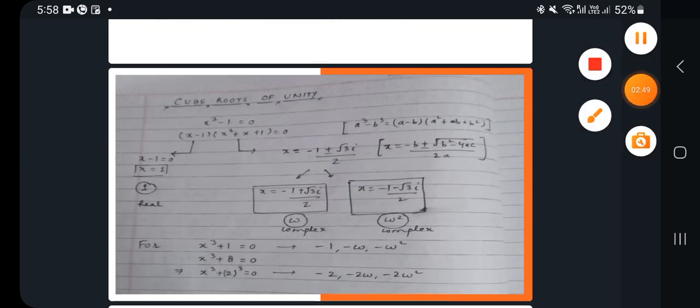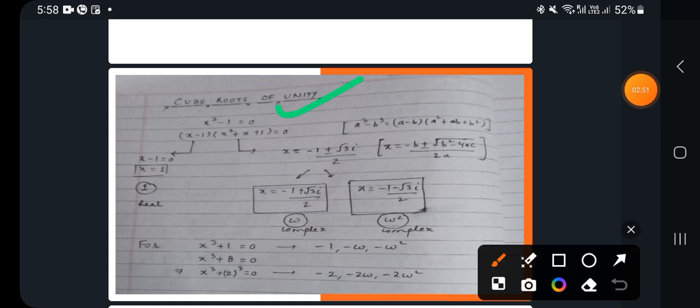So here you can see cube roots of unity, as we have taken x cube minus 1 is equal to 0. By using the identity of a cube minus b cube, that is (a minus b) multiplied by (a square plus ab plus b square), we will factorize it in this form, that is (x minus 1) and (x square plus x plus 1) is equal to 0.